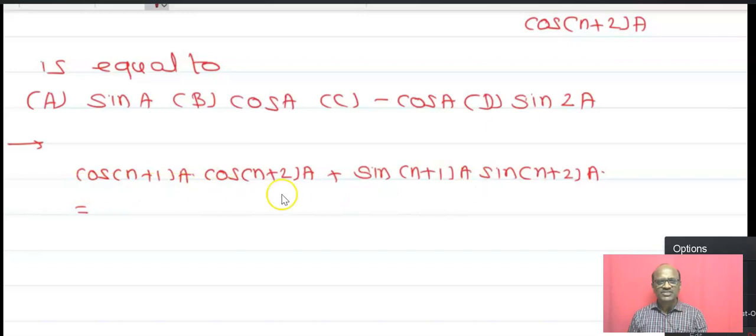Therefore, I arranged the terms like this: cos((n+1)a) cos((n+2)a) plus sin((n+1)a) sin((n+2)a). Now this term is x and this term is y. Therefore, it is cos(x minus y).